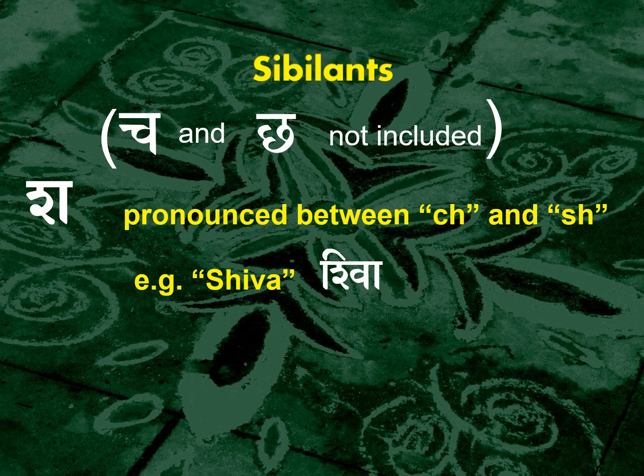The correct pronunciation begins with a sha and is Shiva. The other two sibilants are more straightforward. You can read sha just like the English sh sound, as in shore.